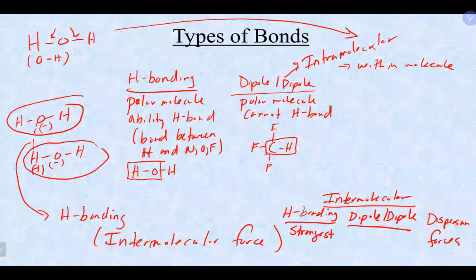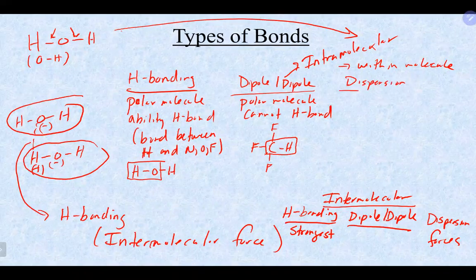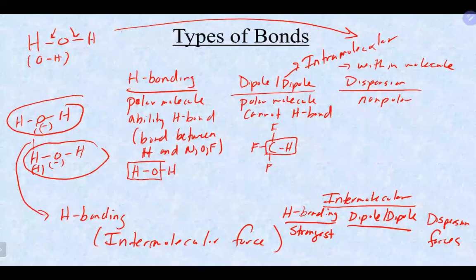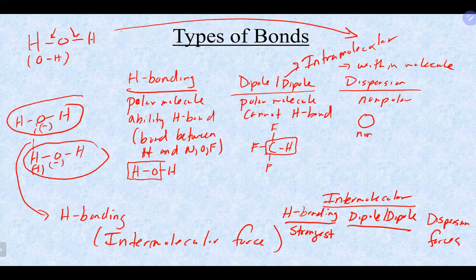Then we have dispersion forces, which is really what nonpolar molecules use. So this is the intermolecular force between different nonpolar molecules. And they are really weak ones. They're very, very weak, and they're temporary. What can happen, for example, is if you have a nonpolar molecule, it has no charge. Just temporarily, the electrons could all come to one side of the molecule.